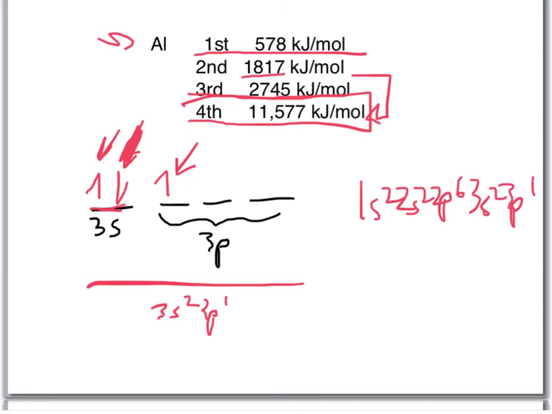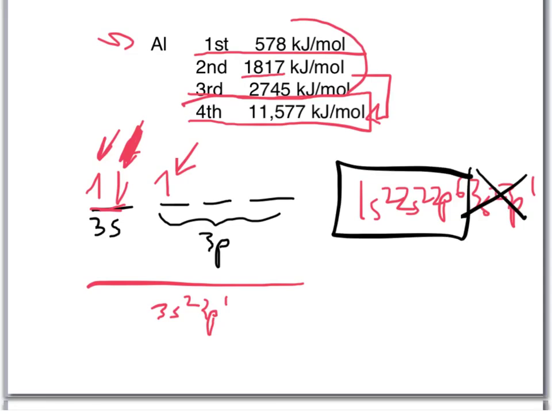We're talking about after we remove these first three electrons, so that means get rid of these three, look what we have. We have a noble gas configuration. So we're talking about trying to remove an electron from this full 2p6, and that's going to be really, really hard to do, thus the big increase in energy.